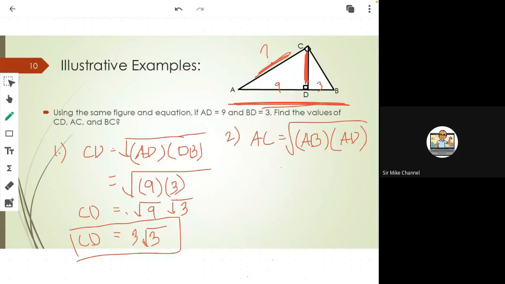Anong measurement ng line segment AB natin? 12 po. Okay, so the answer is 12 times yung AD natin ay 9. Okay. Anong product natin dito? 12 times 9. 108 po. Okay. Anong square root ng 108?